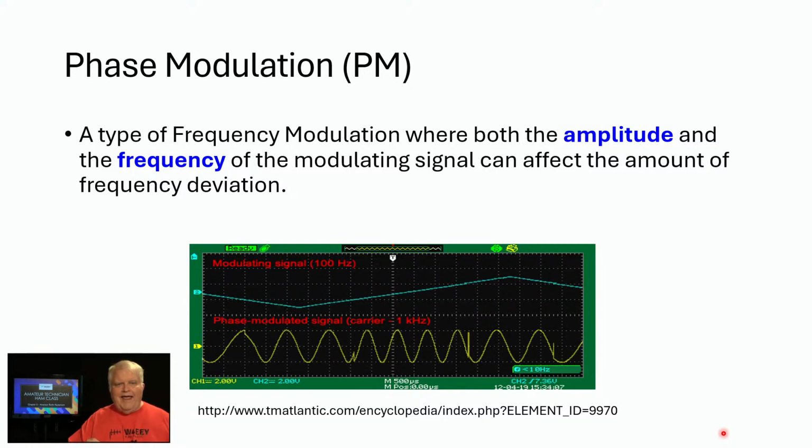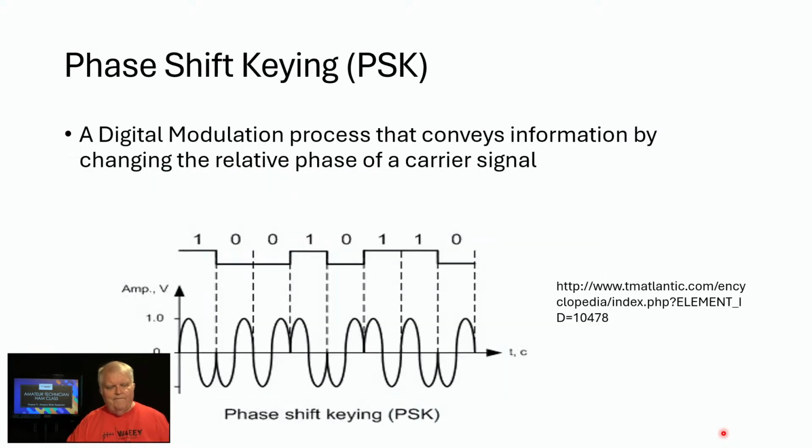Another type of phase modulation is something called phase shift keying. This is a digital modulation process that carries information, which can be expanded and enhanced by not only changing the tones, but also changing the phase of the transitions. That's how modems worked to go from 300 baud up to 1200 baud, up to 2400, up to 19K, and finally up to 56K.